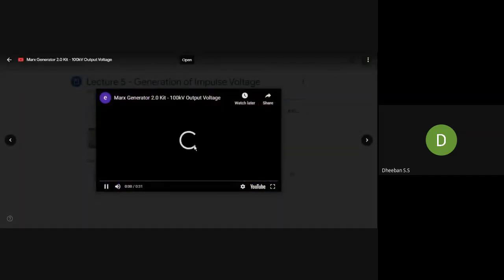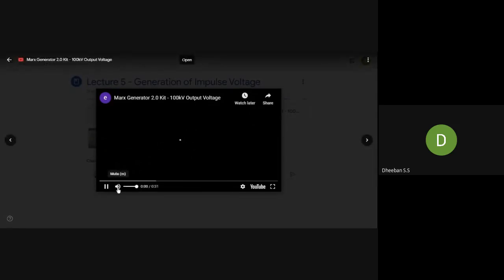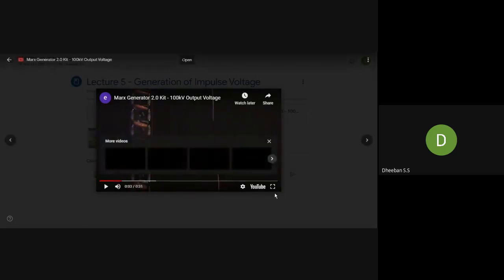This is your Marx circuit. Here you can see they have the capacitors.